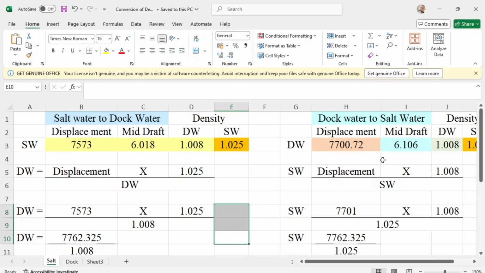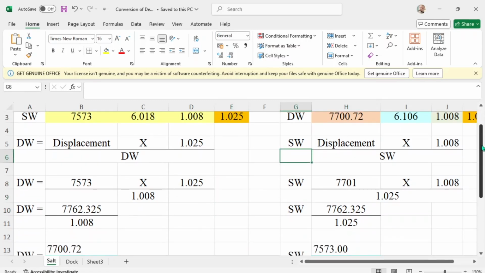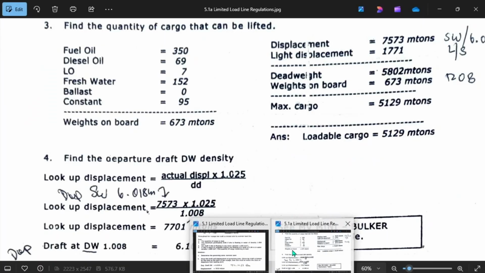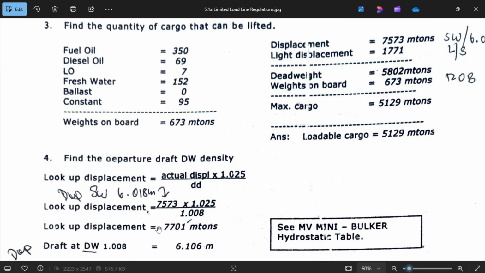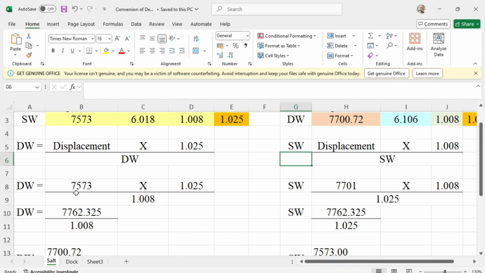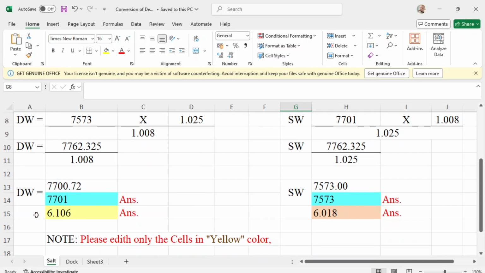This, guys, is the same formula that we have here. You have your 7573 times 1.025 over 1.008, which is this one, guys. So 7573 times 1.025 over 1.008, and the answer would be 7701, which is this one, guys.